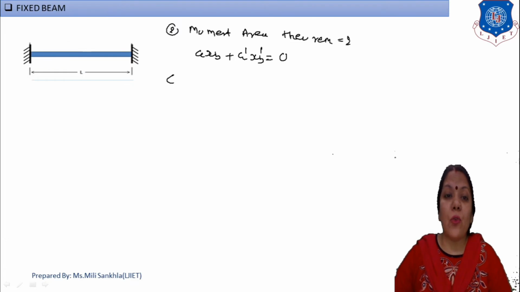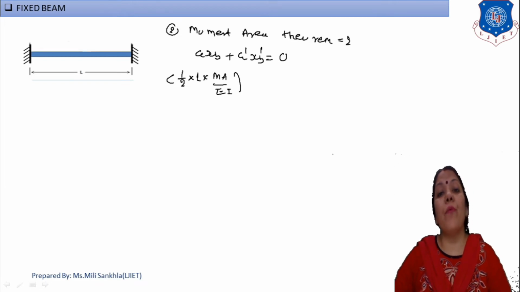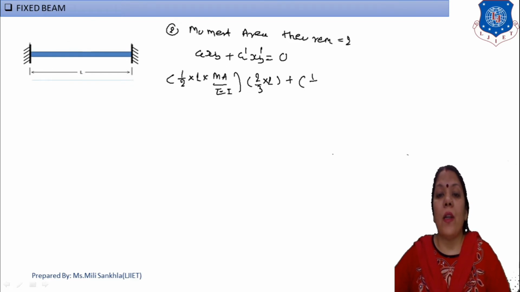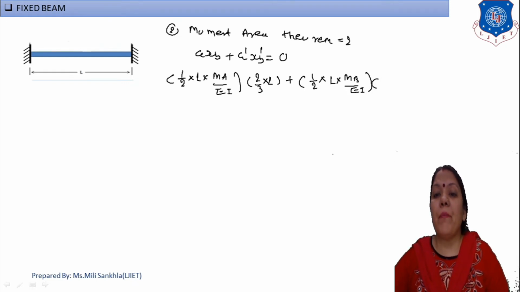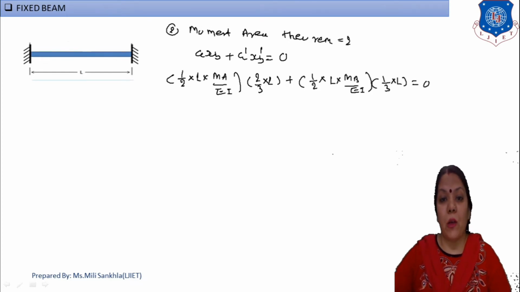A is equal to area, that means our triangle, 1/2 L into MA by EI, and from B point, that means our apex, 2/3 into L, plus second 1/2 into L into MB by EI, and from B base 1/3 into L is equal to 0. Now simplify.